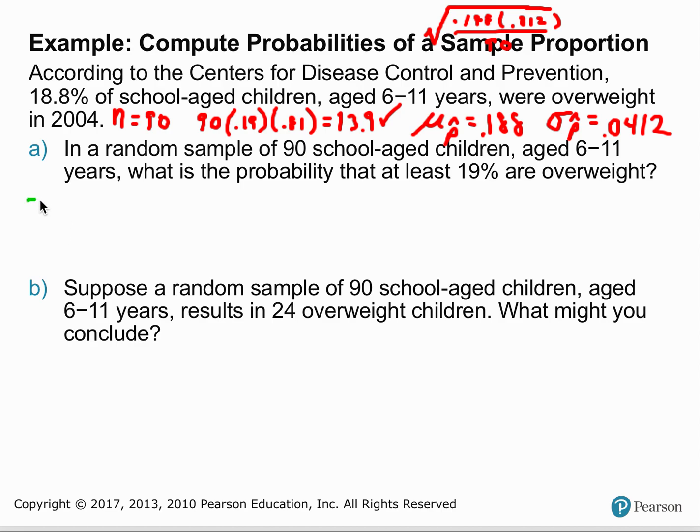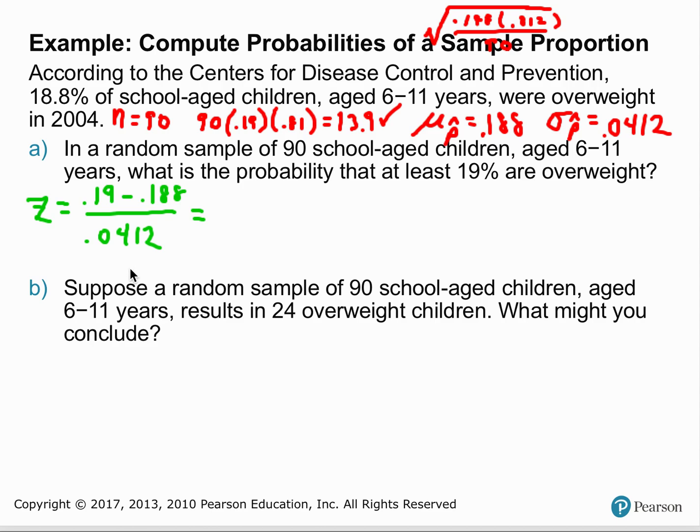Okay, so let's convert that to a z-score. So we've got 0.19, remember? 0.19 minus the mean over the standard deviation to get our z value of 0.0412.